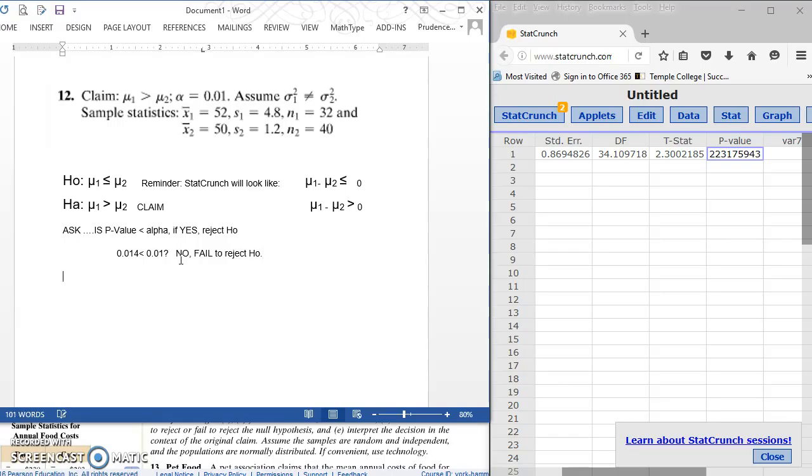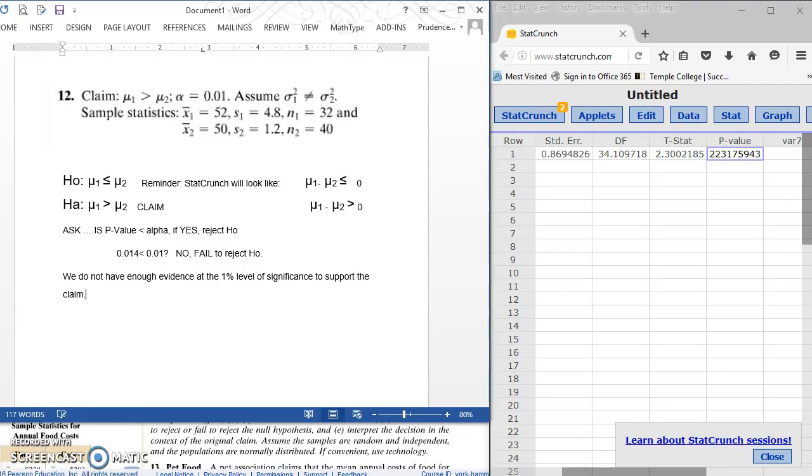Now, if you fail to reject H sub O and your claim is H sub A, then you would have to say we do not have enough evidence at the, now look at alpha, alpha 0.01, change that to a percent, that would be 1% level of significance to support the claim.